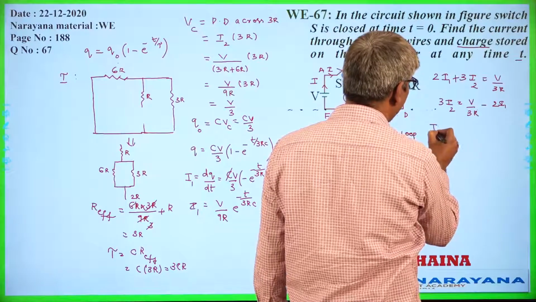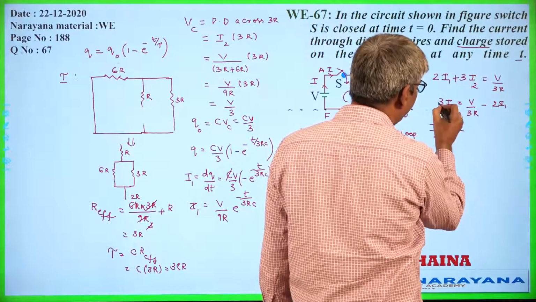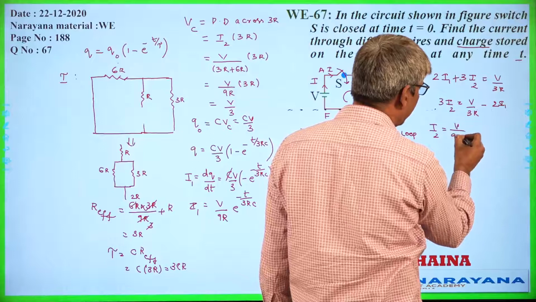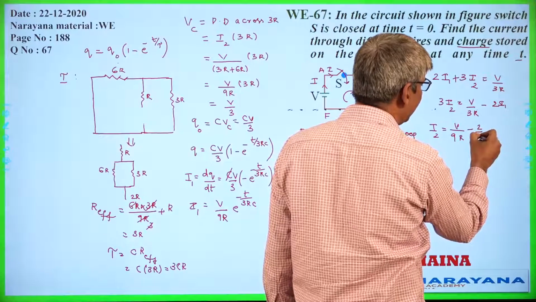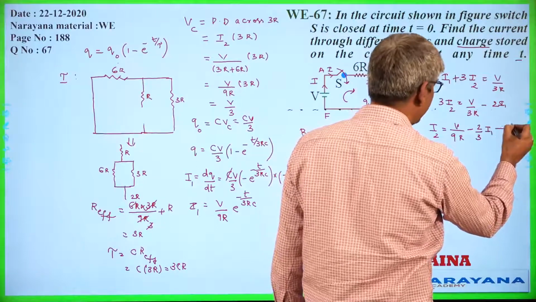So I2 is equal to V by 9R, bringing this 3 to this side, minus 2 by 3 I1. Give it as equation number 2.